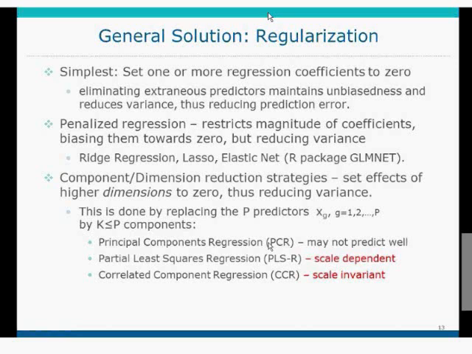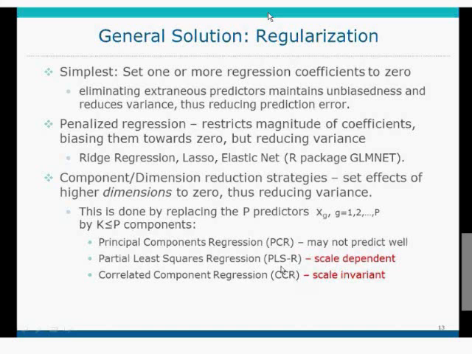The problem with that is that principal components does not use the dependent variable at all. So those components, where the first component has maximum variance and the second component has second most variance, may or may not predict what you're interested in predicting. So it may not predict well.